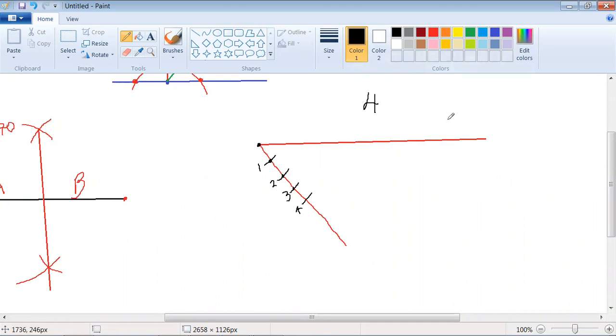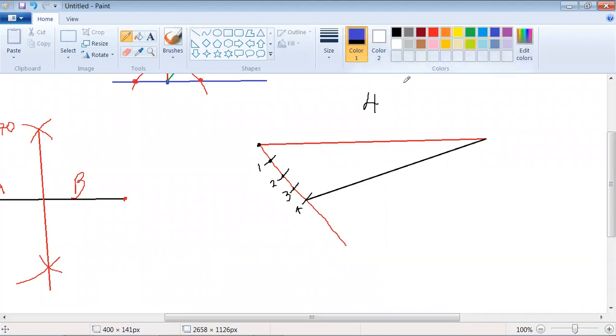The key is that the last mark that we have here, we always have to connect it to the end of the line. Then we need to use a set square.